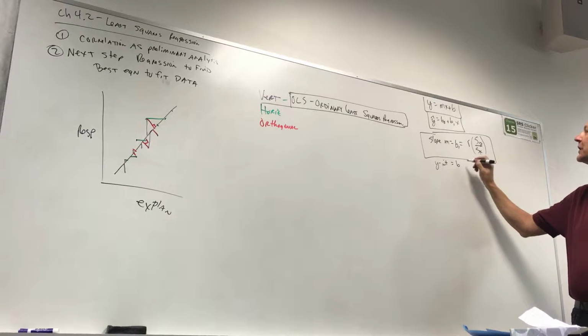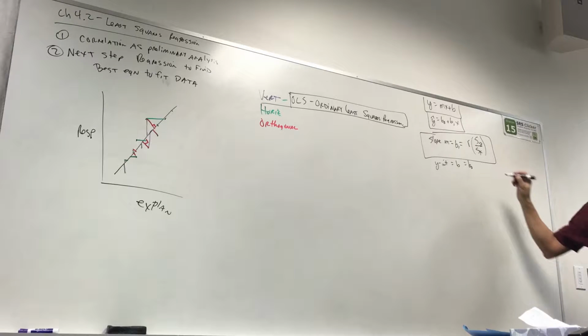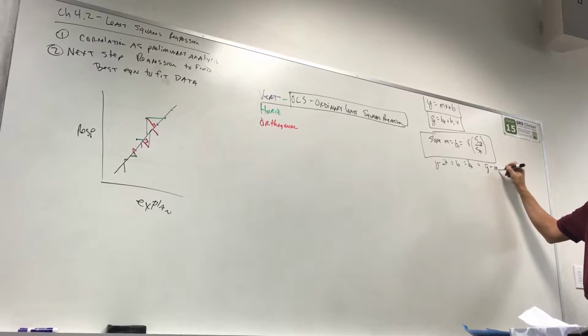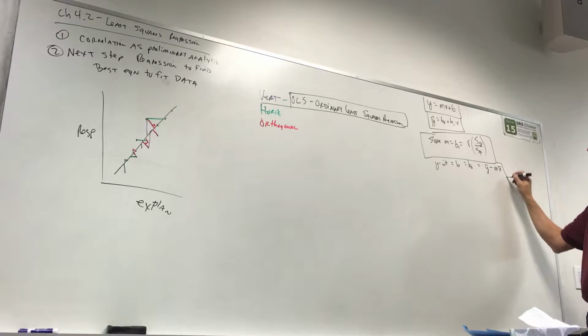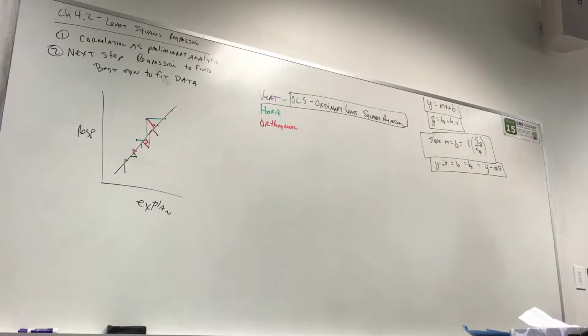In my equation here, it's called b sub 0. That's going to be y bar minus m, or b1, times x bar. I like to use m and b because that's what you're used to. So, these are our new equations that we're going to use today.